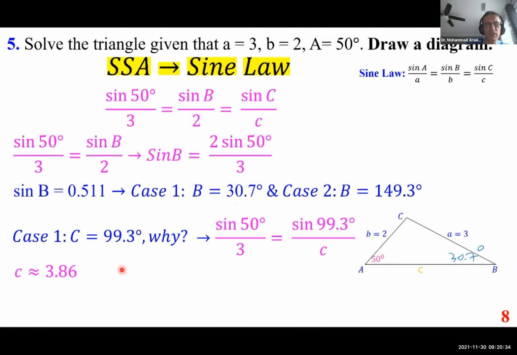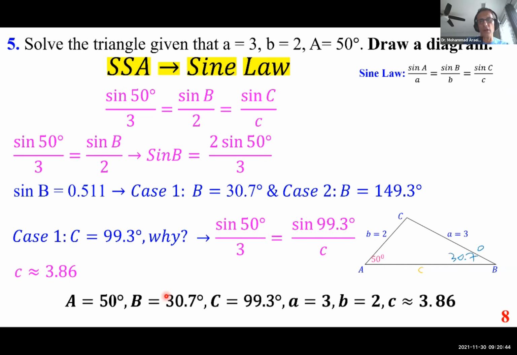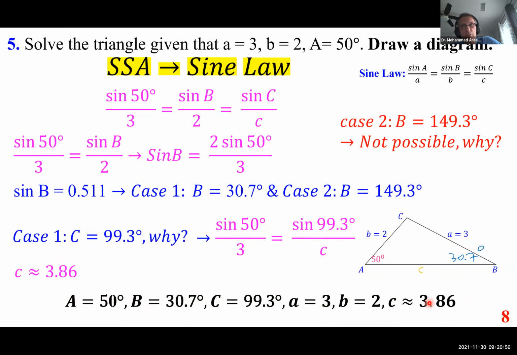It's basic elementary algebra. Cross product will find the missing c. And so we are going to write down for case one everything that we have. All angles, all sides.